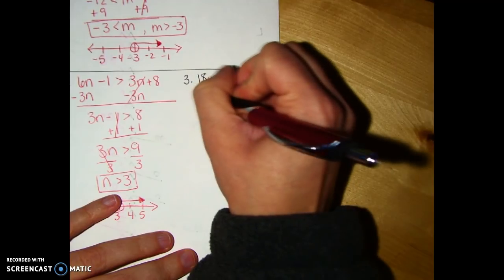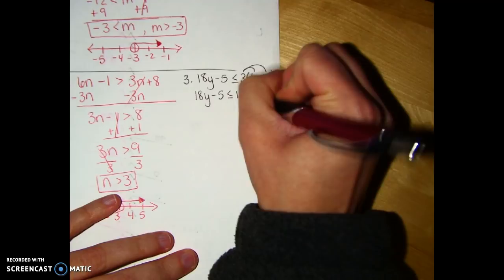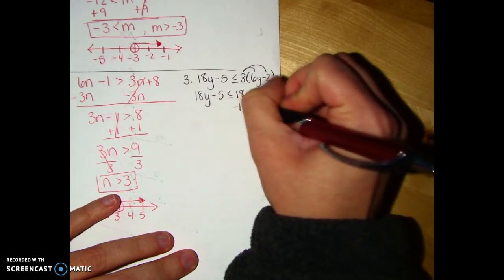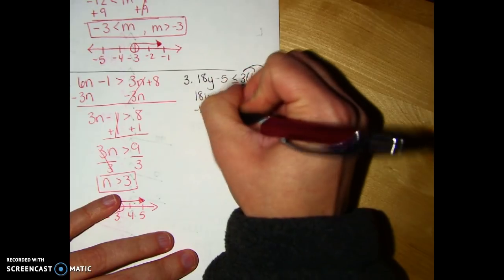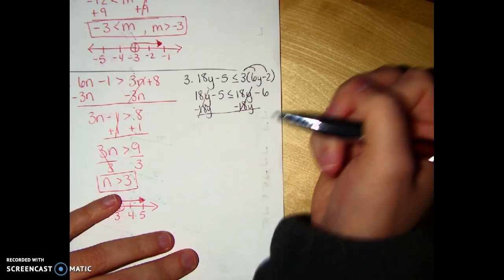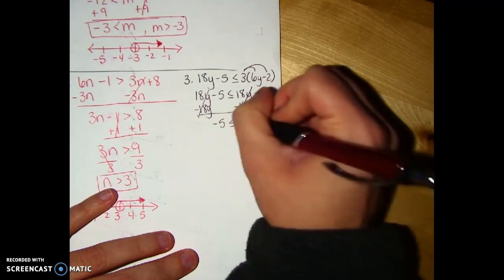So I get 18y minus 5 is less than or equal to 18y minus 6. I'm going to subtract 18y from both sides. This one cancels out, and so does this one. That leaves me with negative 5 is less than or equal to negative 6.